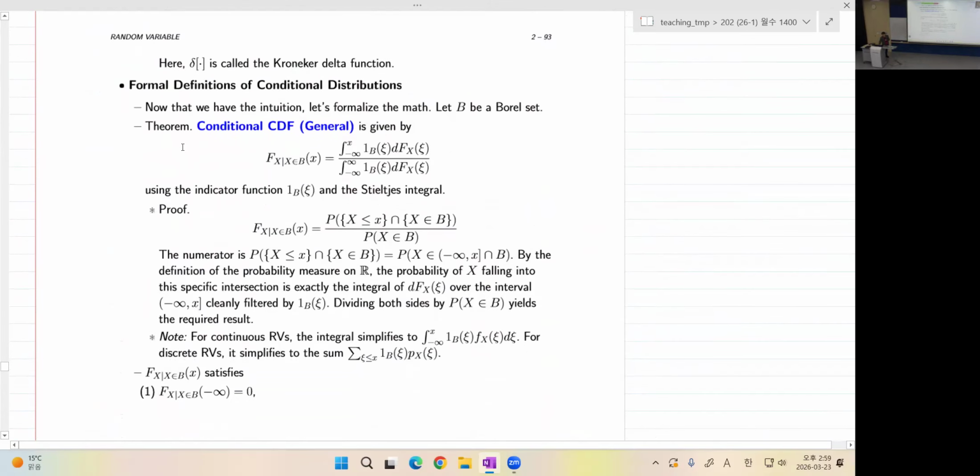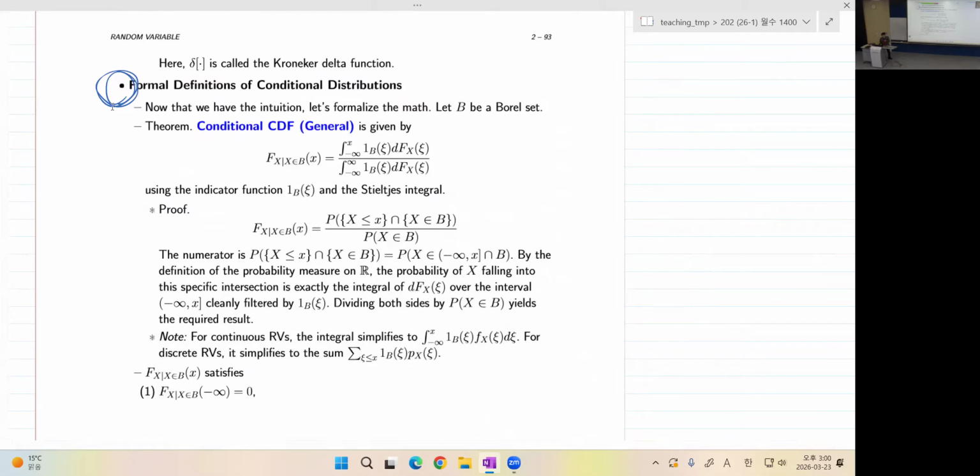And all these things combined together appears here. So in the previous examples, we assumed the Borel set we choose is either half interval or interval. Now we consider general Borel set B. Now the result is very interesting.